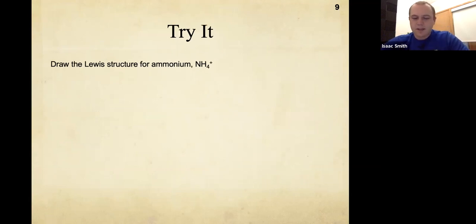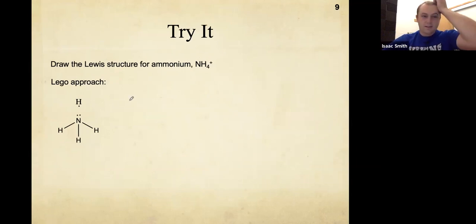All right, coming on back here, let's walk through this problem, okay? So if we look at the LEGO approach, we have NH4, okay? So I guess this is moving a little bit fast on the LEGO approach. Let me take it a little slower here.